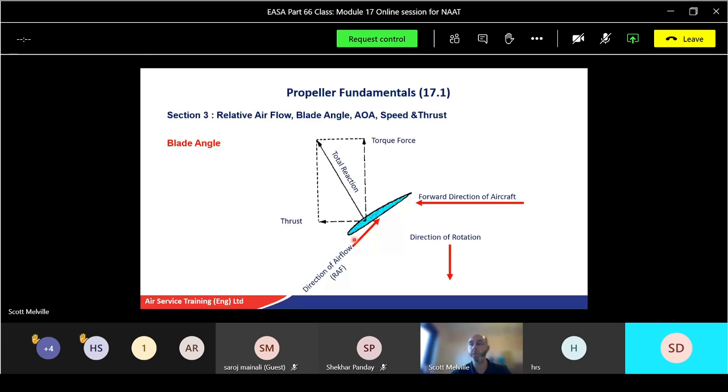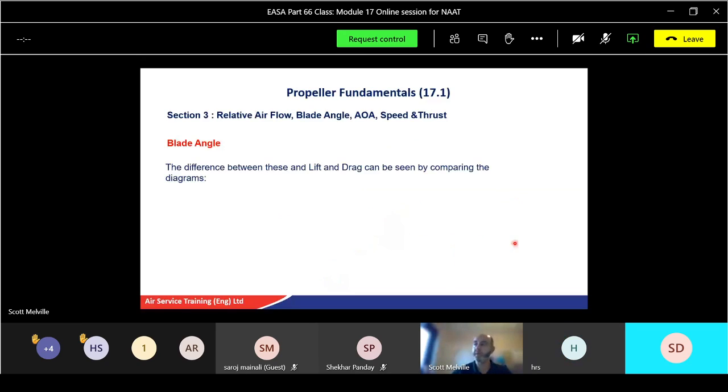And likewise, it will do the opposite with speed. It will increase torque or decrease torque. Now, the difference between these, lift and drag, can be seen in the following diagrams. Thrust is a propulsive force, or the lift as we knew before, and torque is the resistance to rotation. Torque, like any sort of thing we speak about in any of the modules, is a twisting motion, from opposite.